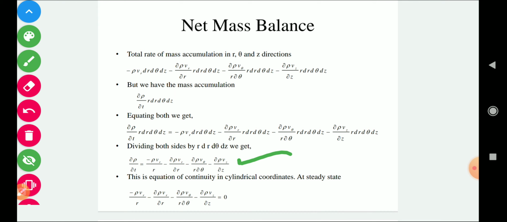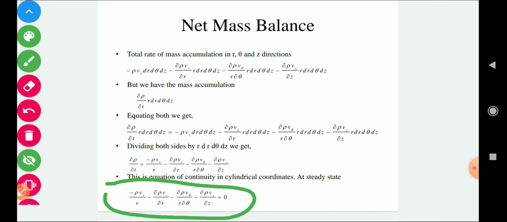So this is the equation of continuity in cylindrical coordinates. At steady state the accumulation term will be 0. So del rho by del t will be 0 for steady state condition, and the equation of continuity for steady state condition will be reduced to this form.